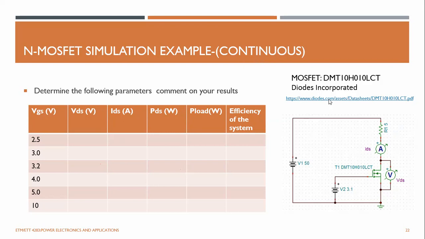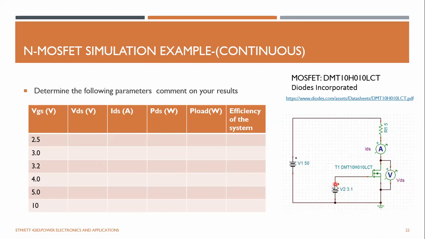All you need to do is a simple activity. I will explain the data sheet first. This is an N-type MOSFET, and we have a load. We are going to measure the load current and the voltage drop across the MOSFET.